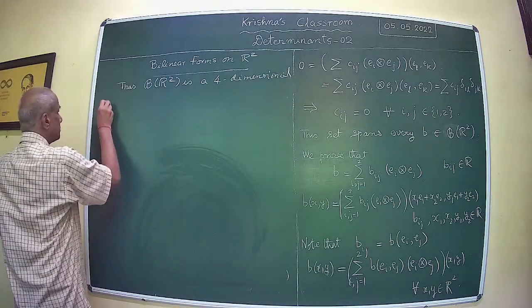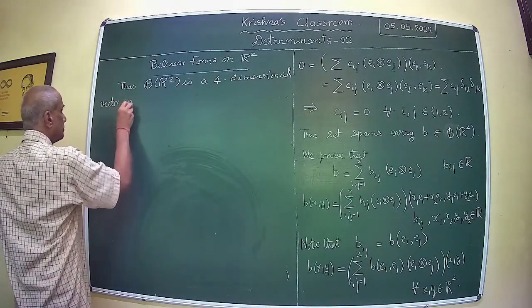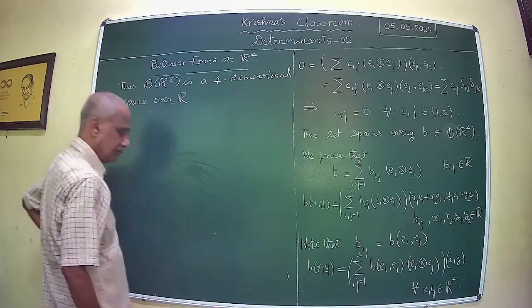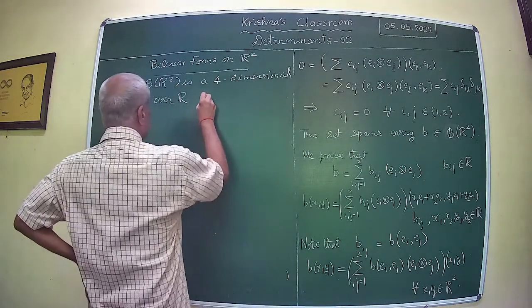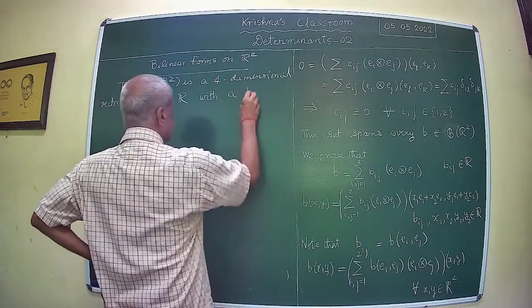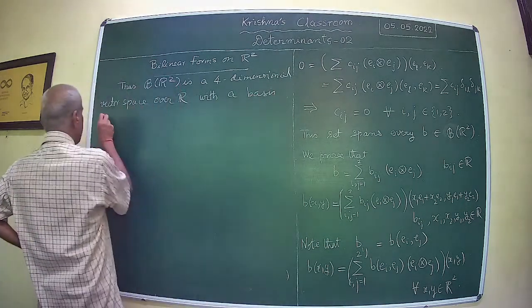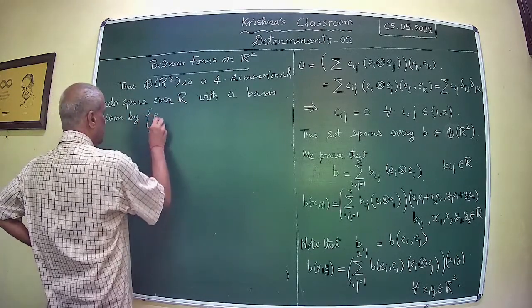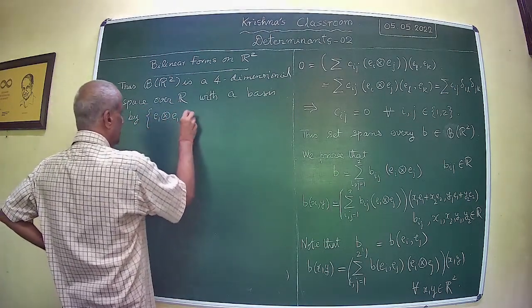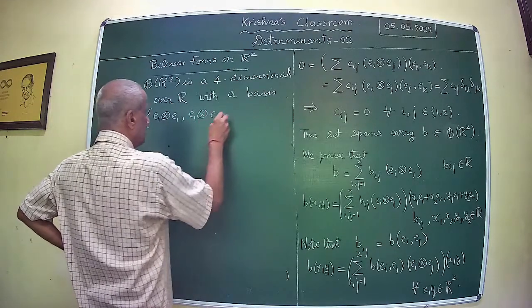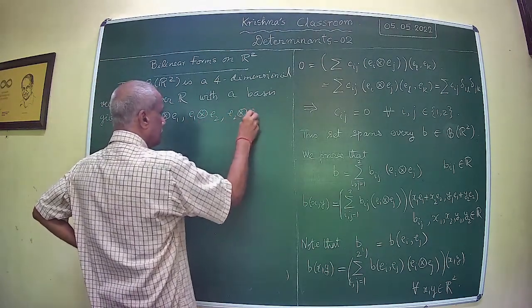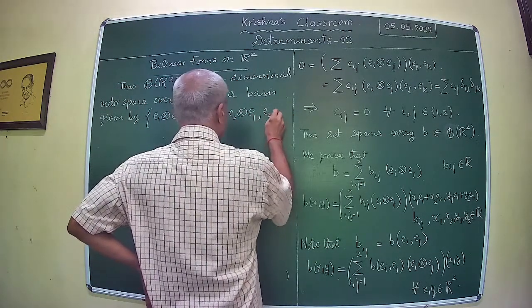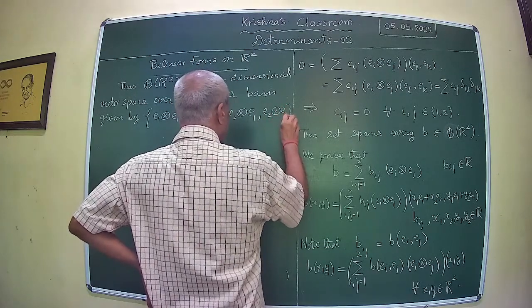Four-dimensional R with a basis given by E2.